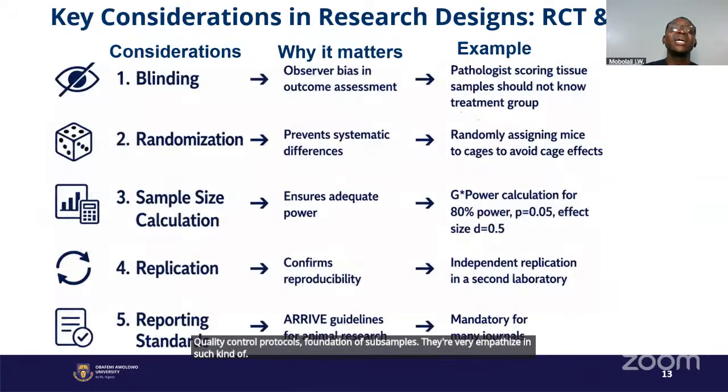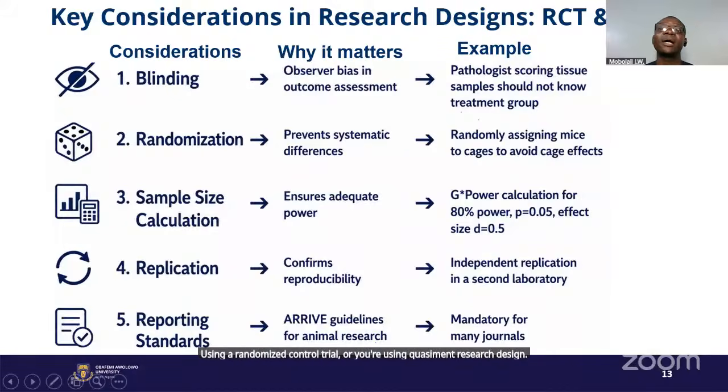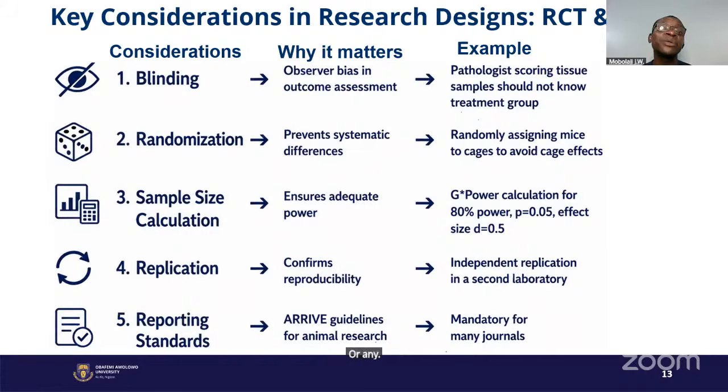And then there are some key considerations we need to look at if we are using a randomized control trial, or a quasi-experimental research design, or any other clinical research design. One of those considerations is blinding. Blinding is very important, especially if you want to avoid observer bias in the assessment of the outcome, and this is especially useful in clinical studies.